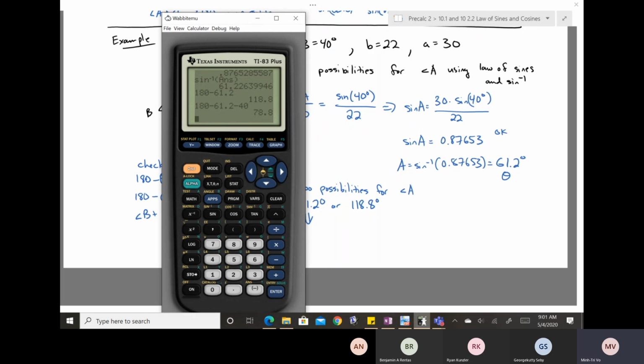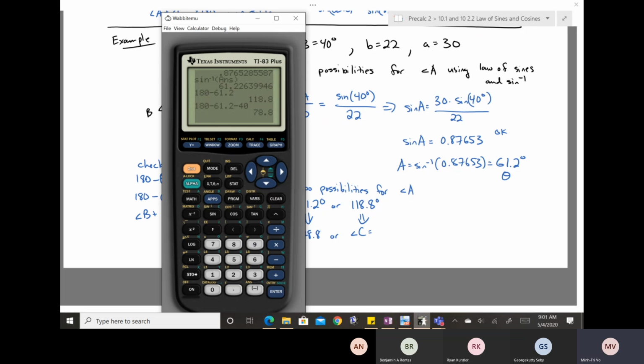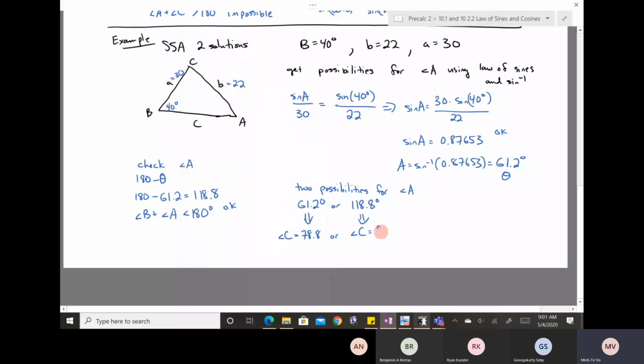So in this case, angle C would be 78.8, or angle C, in the case of the other case, would be, so you again do 180 minus 40, and then now 118.8. So 21.2 degrees.